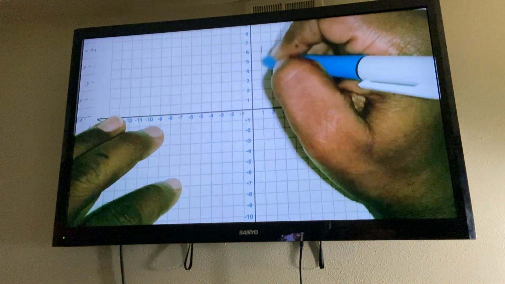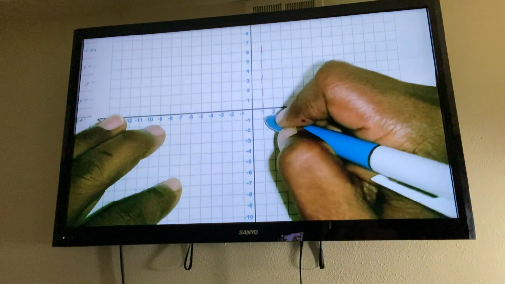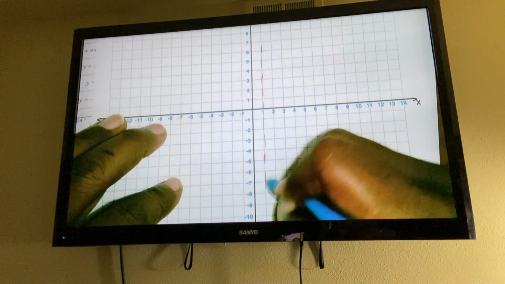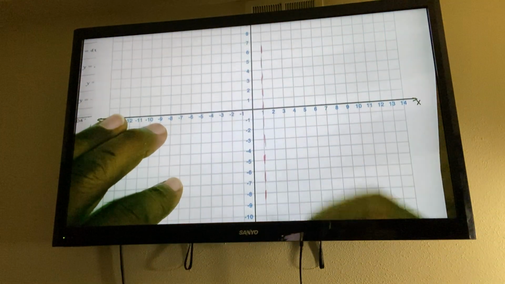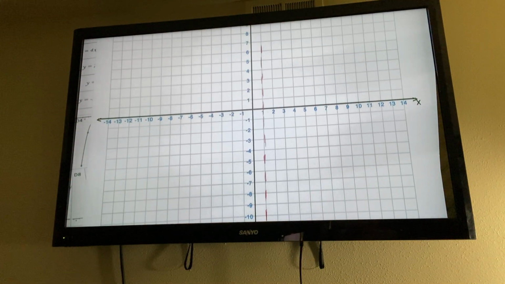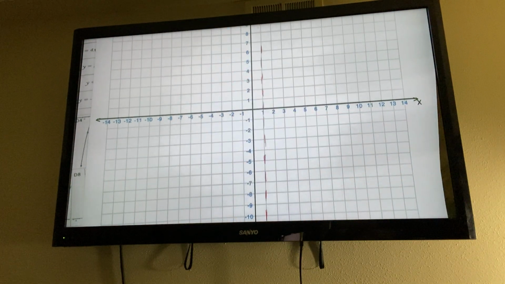And we can draw our axis of symmetry. Okay? Now all we need to do is find the vertex. We know it's going up, but we need to find the vertex.